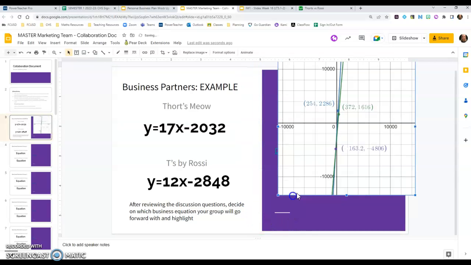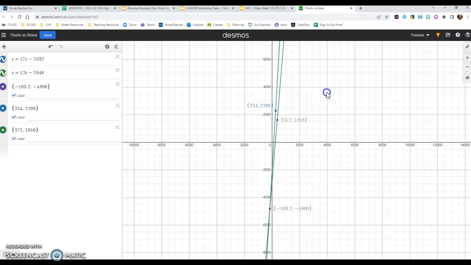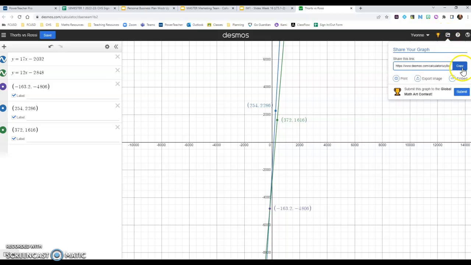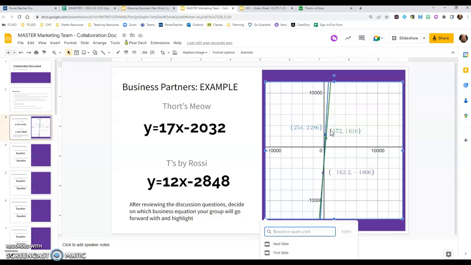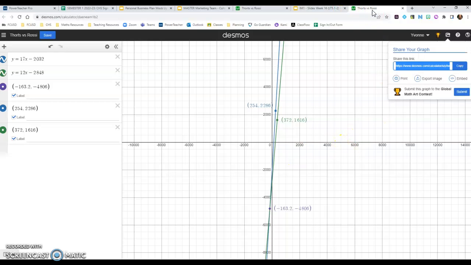So in addition, even though I have the numbers right here, I can take this link, copy it, and press Control K to add that link. What happens when you click on the link? It takes you exactly to your work. That's a really nice thing to have, especially when other people are going to be looking at your work, aka the marketing team.